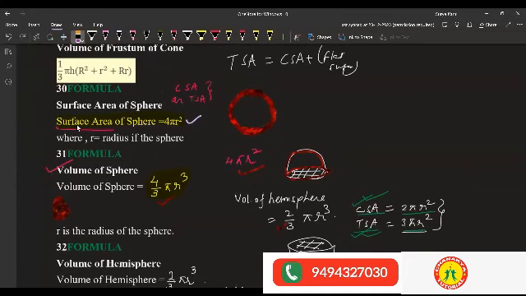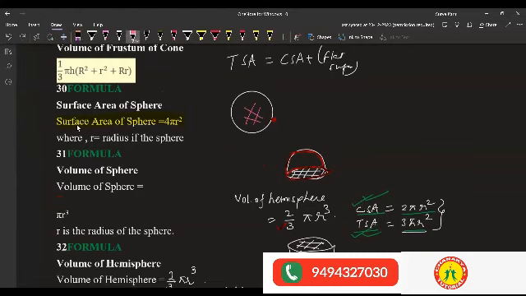This is sphere. So sphere volume is 4 by 3 pi r cube. I'll write here separately. So volume of the sphere is 4 by 3 pi r cube. CSA and TSA will not be separate; only surface area you can write.